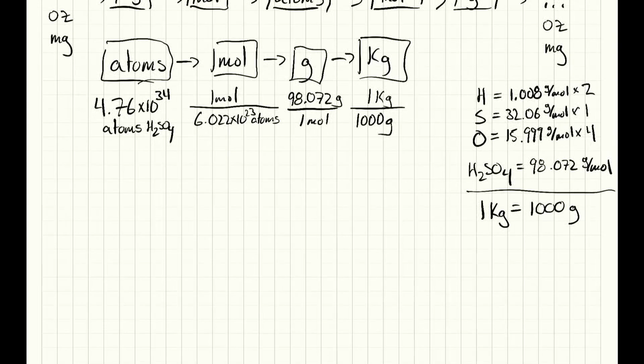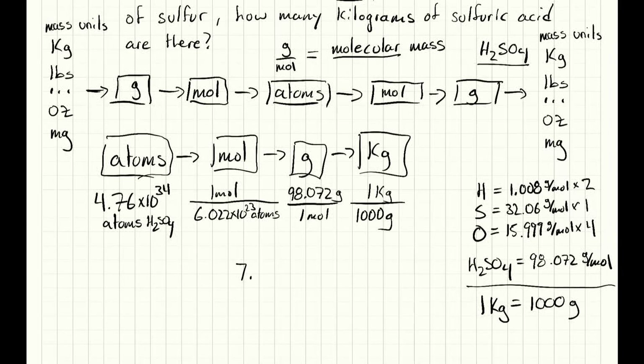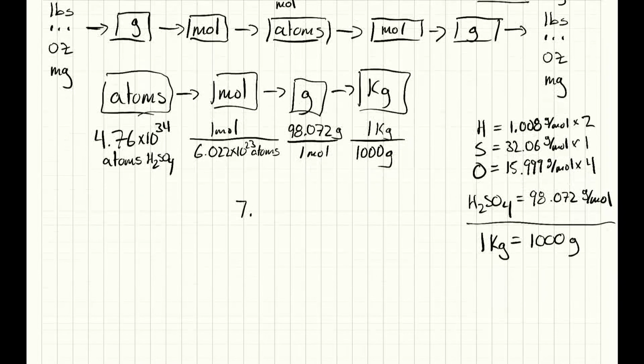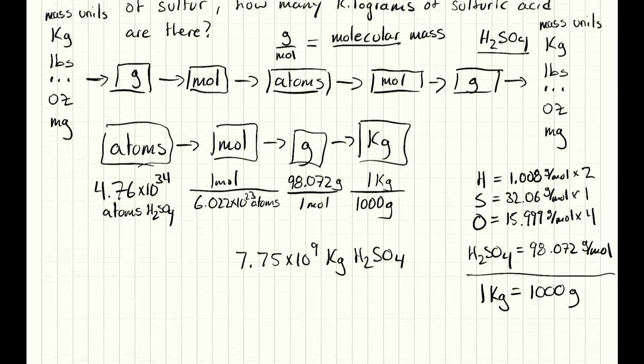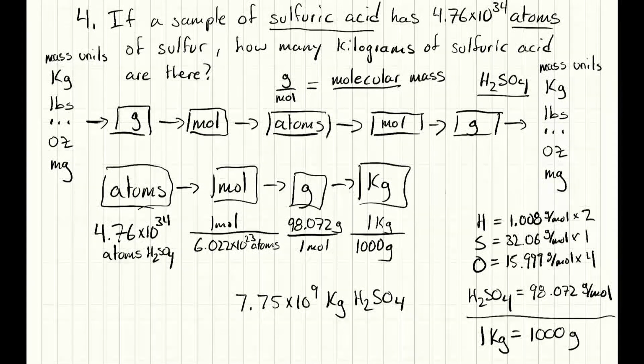And then we'll divide that by 1,000 to get our final answer of 7 point, and again, thinking about significant figures, we only have 3 significant figures here. So we're going to have 7.75 times 10 to the 9 kilograms of H2SO4. So that is problem number 4 from the Chapter 6 quiz.